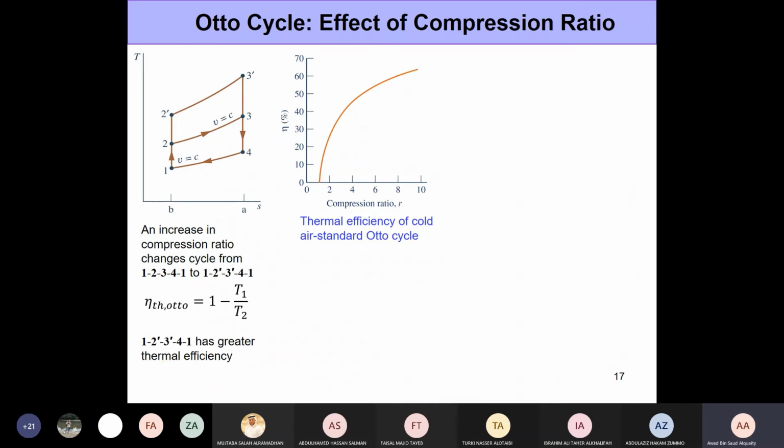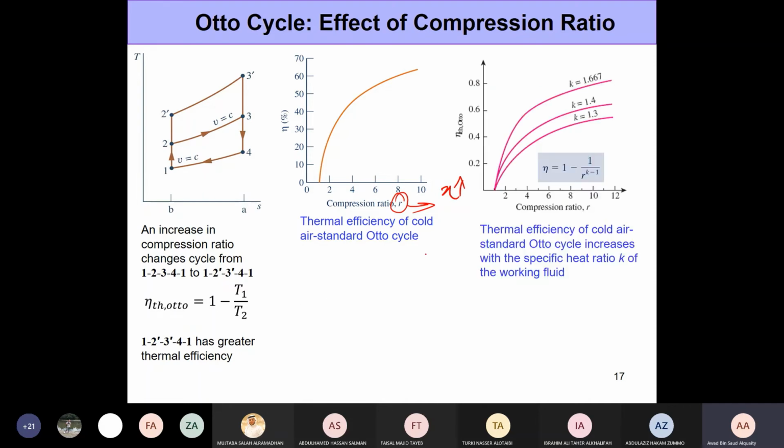This is what happens to the thermal efficiency with increase in compression ratio, right? You increase compression ratio, thermal efficiency will keep on increasing. Same way, for a given compression ratio, the thermal efficiency will keep on increasing if we increase the value of K, the value of specific heat ratio. Now, specific heat ratio is a function of the working fluid, right?